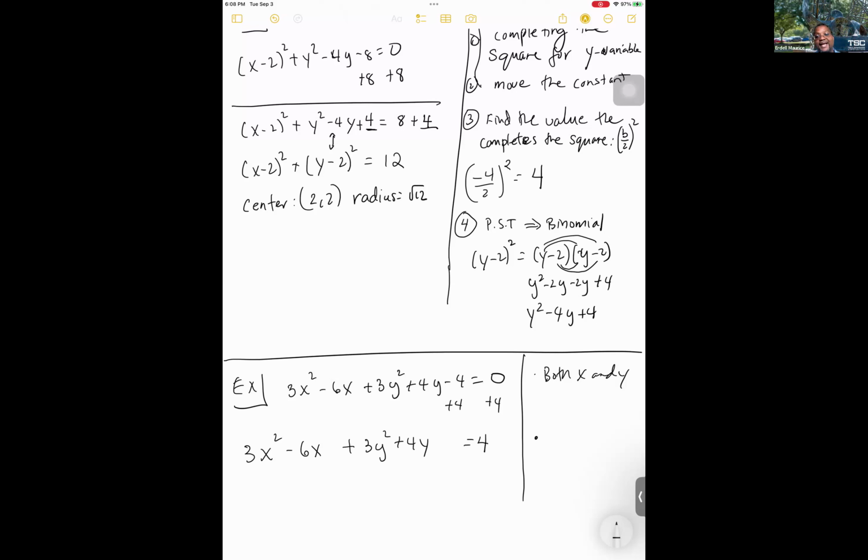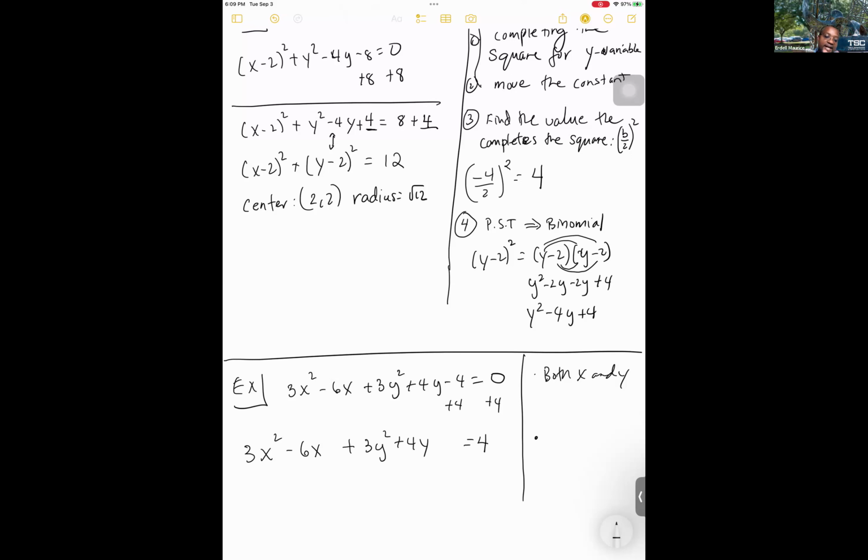And this is where the caveat comes in. I have not mentioned this up until this point because it has not been necessary. But to complete the square, the coefficient of x squared and the coefficient of y squared need to be 1.